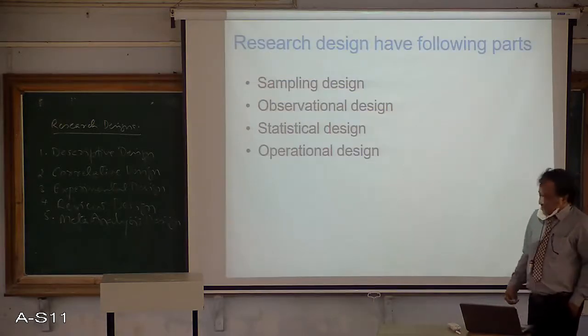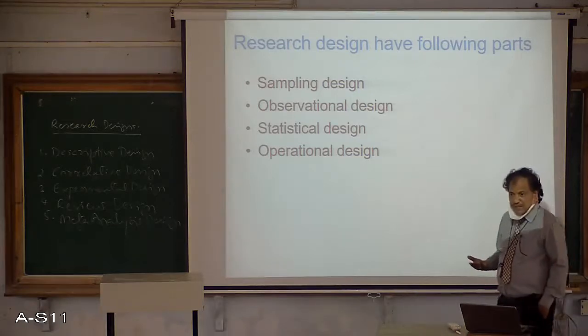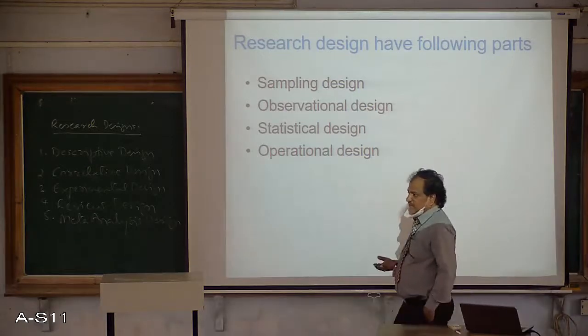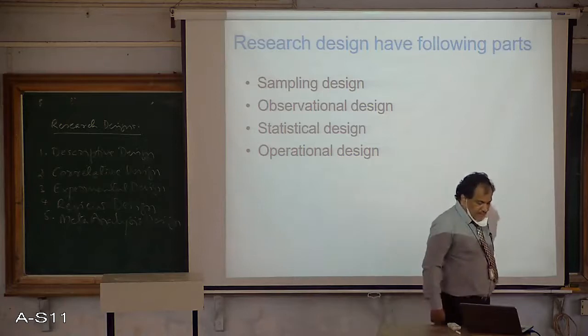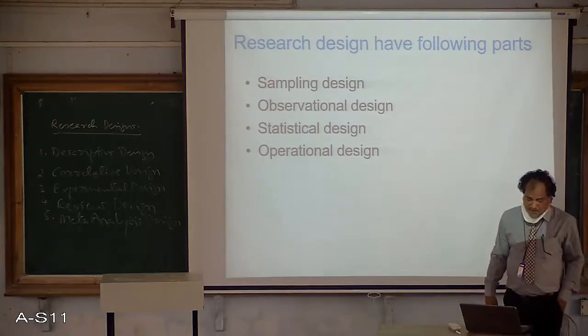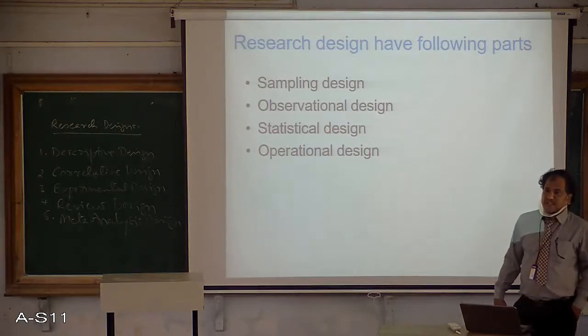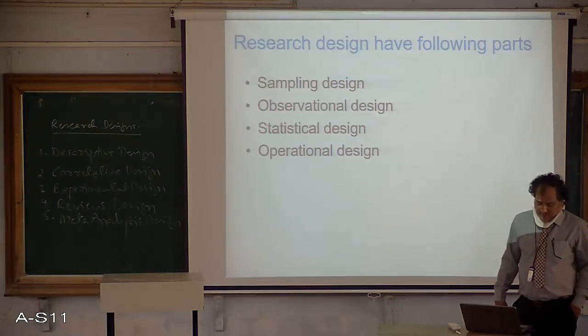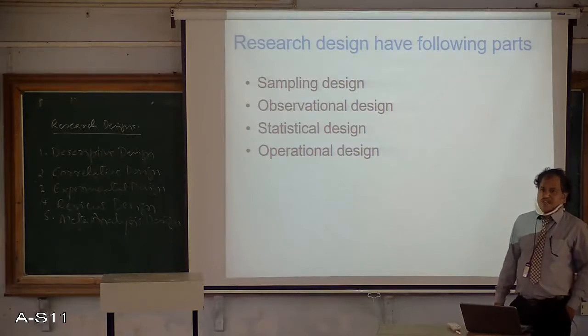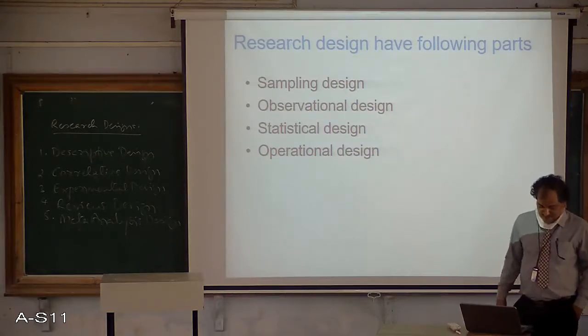Okay. So research design has the following different parts. As I said, we'll be discussing the first two, that is sampling design and observational design, in the fourth unit, and statistical design and operational design are not there in our syllabus.